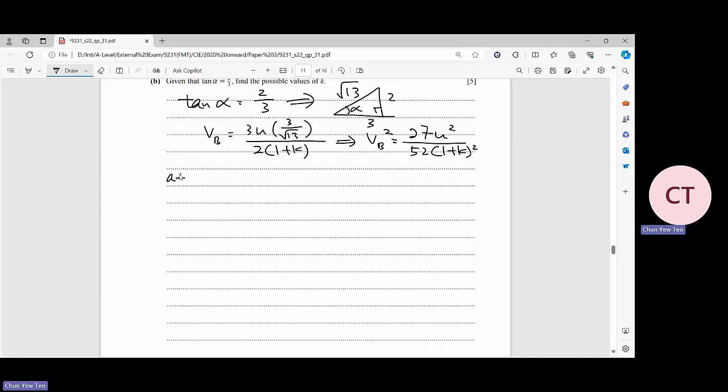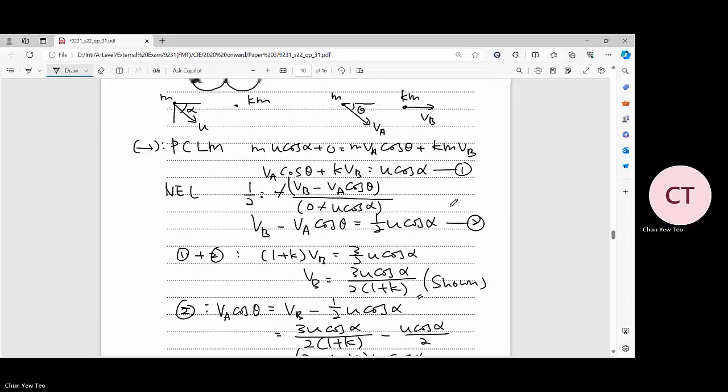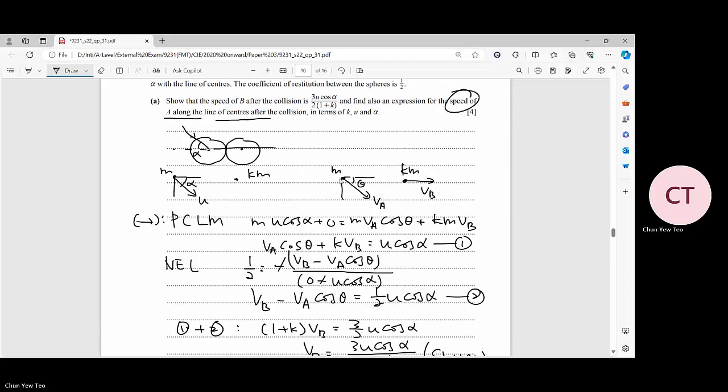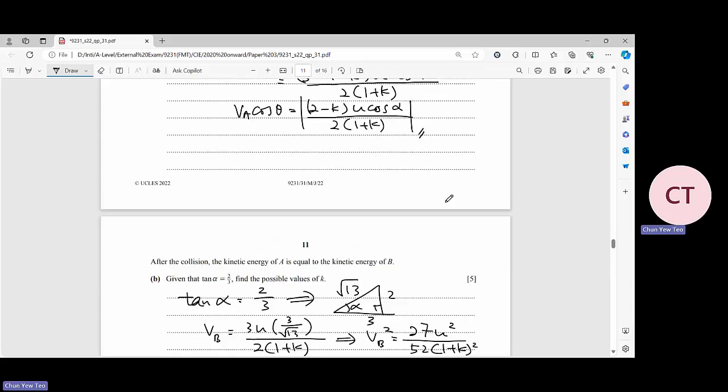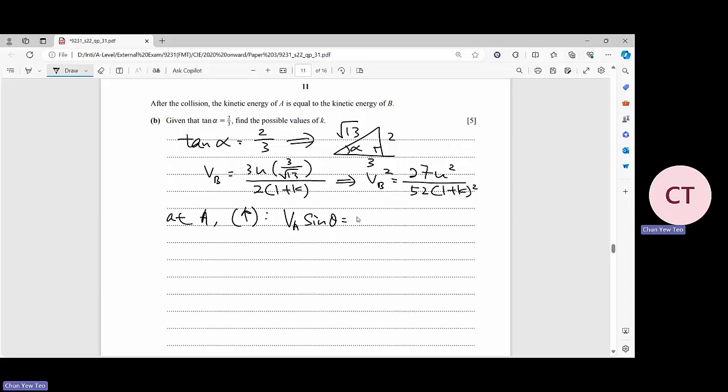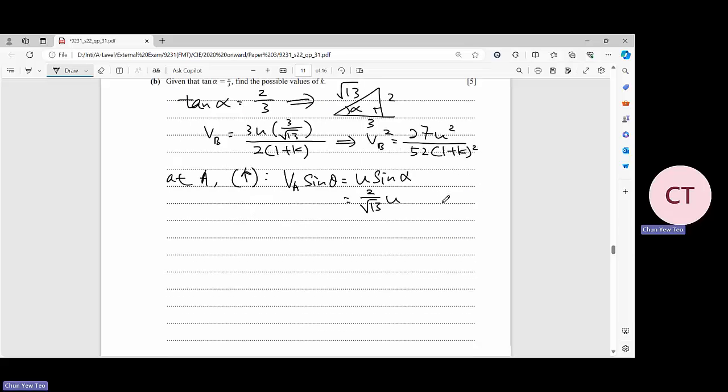Then now at A, I want to consider the vertical component. I have va sin theta, which is the same as u sin alpha, so va sin theta is equal to u sin alpha. Your sin alpha is actually 2 over root 13, so 2 over root 13 u.